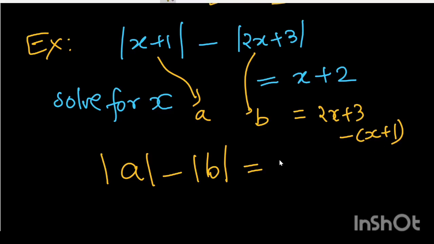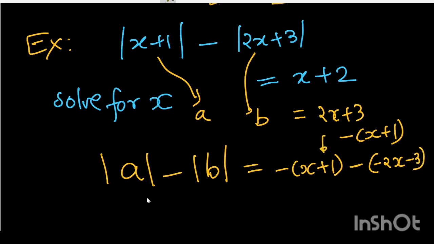So we can write this as minus x plus 1, minus of minus 2x minus 3. We can write this in the next step.